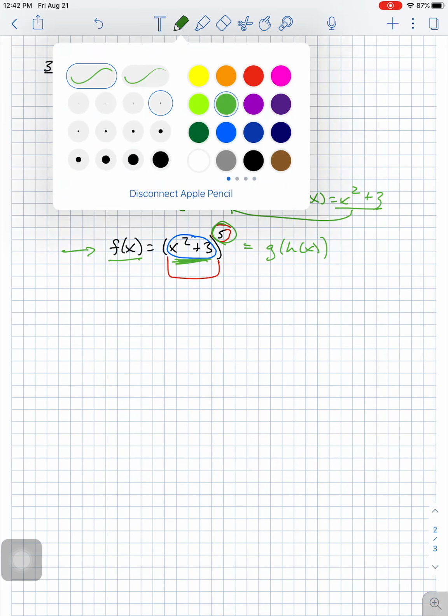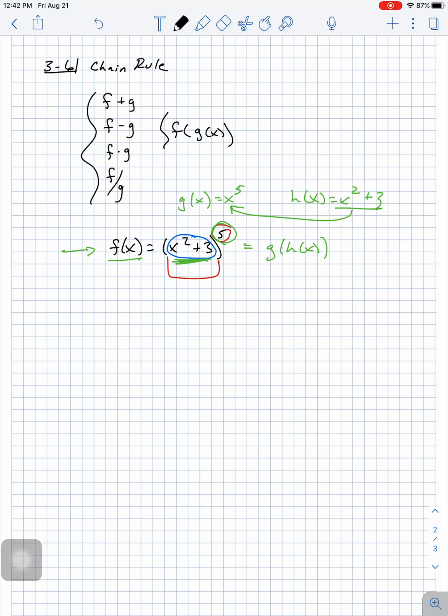Okay, so into the calculus, how do we take the derivative of something like this? Let me define it in math terms, and then we'll do some examples. Let's say we define f and g to be functions, and we're going to define h of x to be the composition of the two.